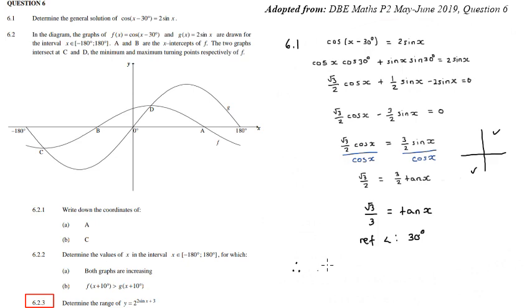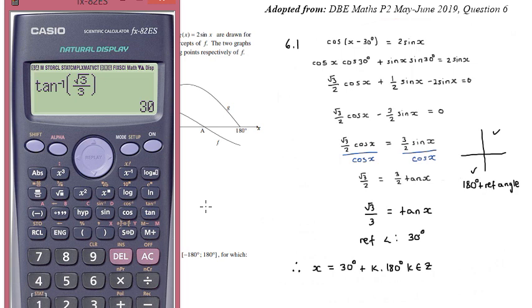So one of our general solutions is x equals 30 degrees plus k 180, and k is an element of integers. That's the solution in the first quadrant. Now what about the solution in the third quadrant? We just have to use the reduction formula there, so it's going to be 180 degrees plus the reference angle. On the calculator, you already have the reference angle, just add 180 degrees to that.